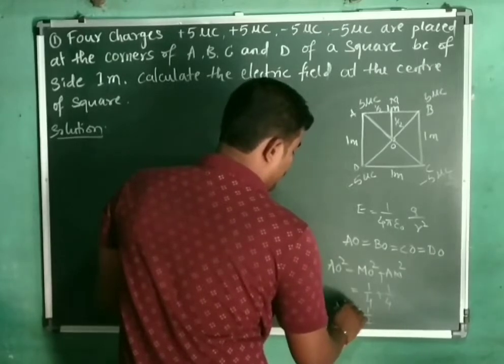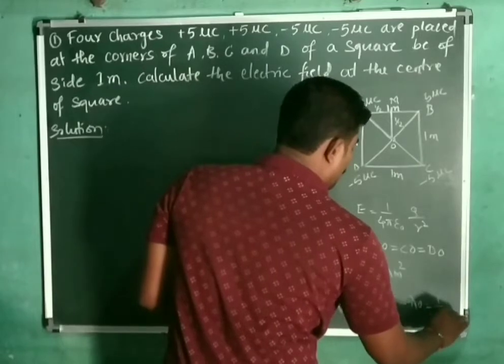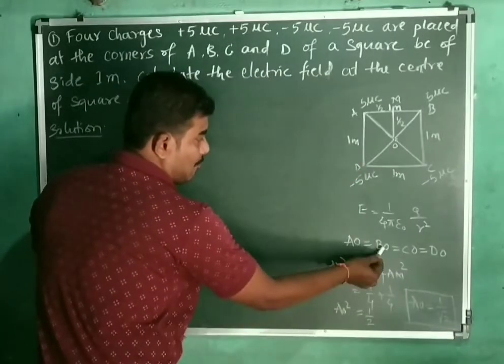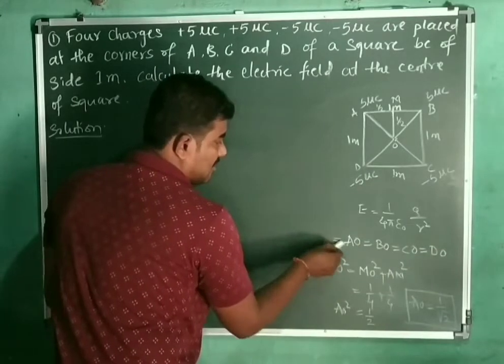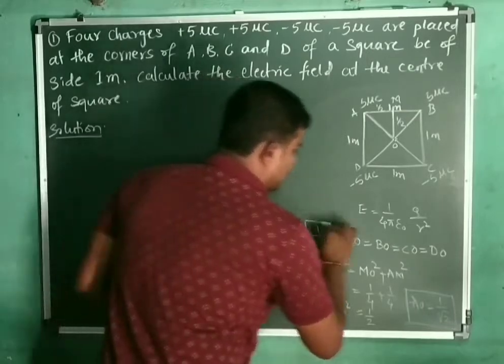AO square is equal to 1 by 2, similarly AO is equal to 1 by root 2. And remember, AO is equal to BO is equal to CO is equal to DO, and it is 1 by root 2. We know the distance now.